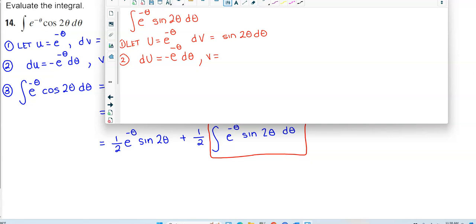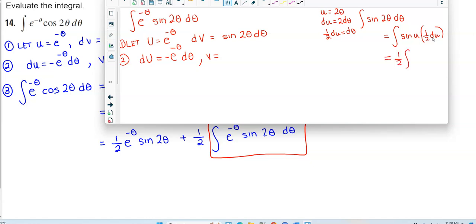And now we have to integrate the sine of 2 theta d theta. Remember that we let u equal 2 theta, and du is equal to 2 d theta, so 1/2 du is equal to d theta. So this is equal to the sine of u times 1/2 du.